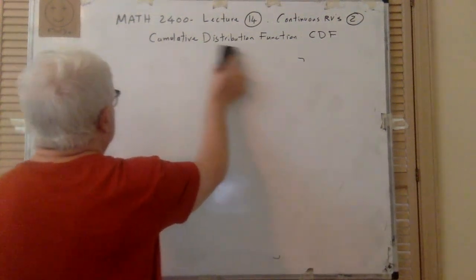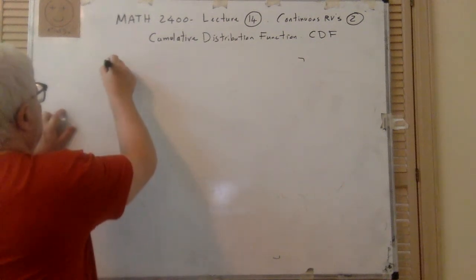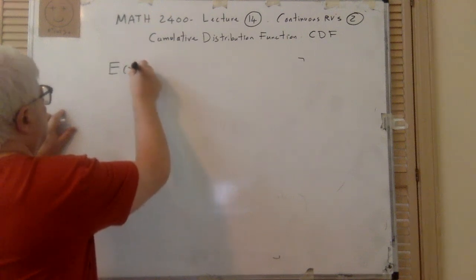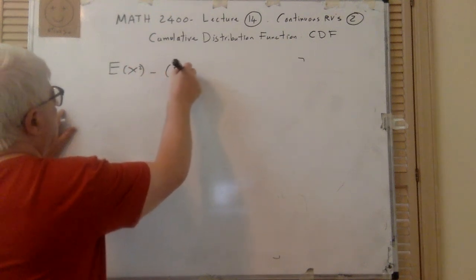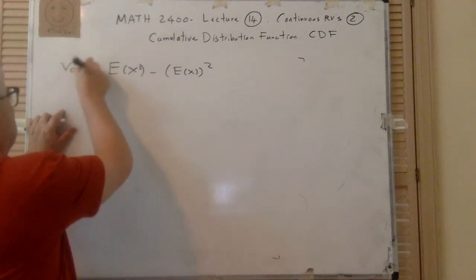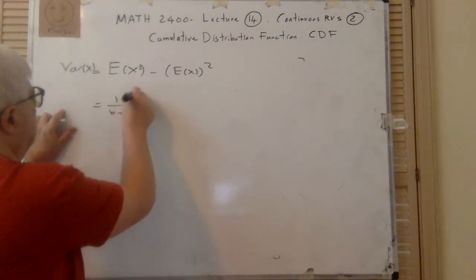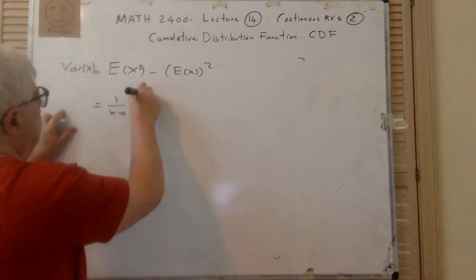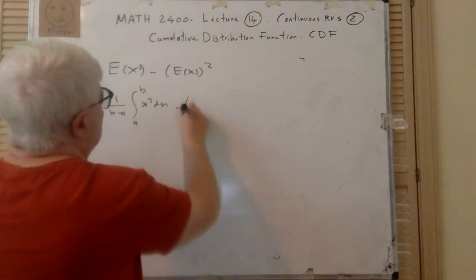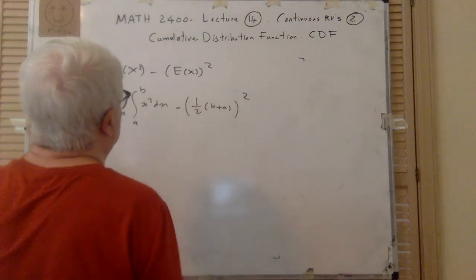I should have started with this, which was much easier: E of x squared minus (E of x) squared. That would be 1 over b minus a times the integral from a to b of x squared dx, minus mu x, which was 1/2 (b plus a), squared.